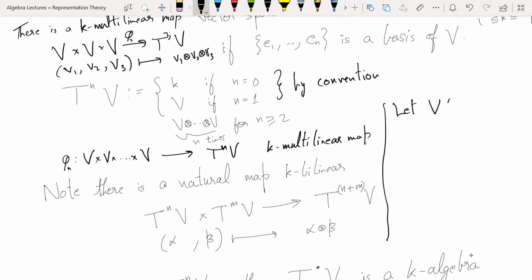Let V be r-dimensional, with e1 to er a basis.